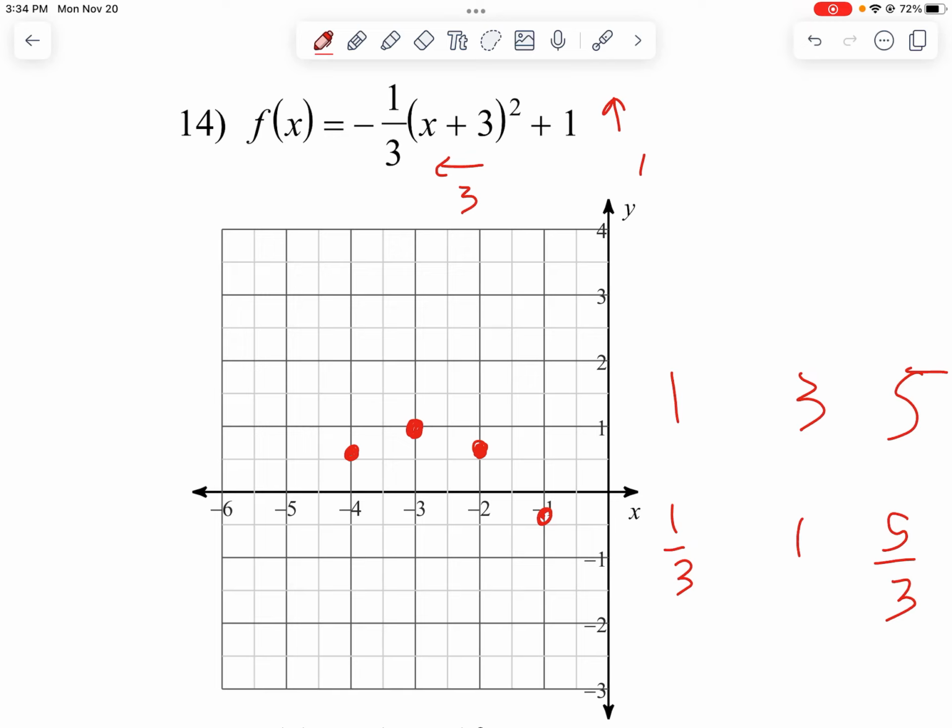So give me a point here. Same on the other side. And then I'm going to go down 5/3. So I'm going to go down 2/3, 5/3, and then over. So it's going to put me here. And then same on my other side like that. So instead of my normal slope of 1, 3, and 5, it's now 1/3, 1, and 5/3. So it's going to be wider than my other ones. And the negative does make it open down.